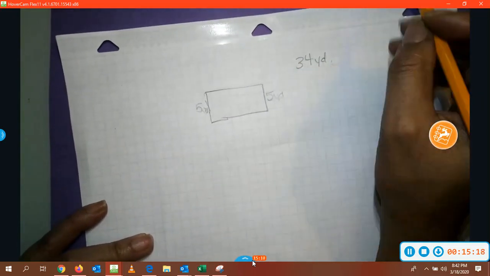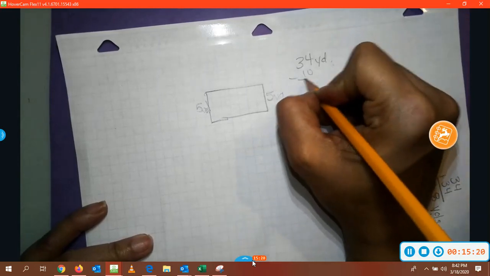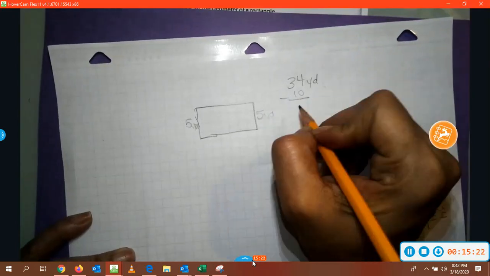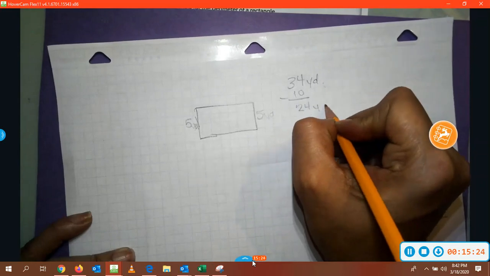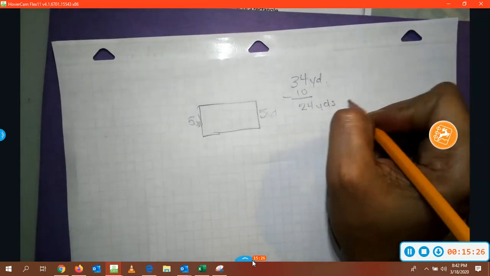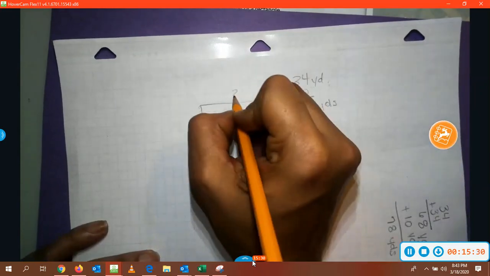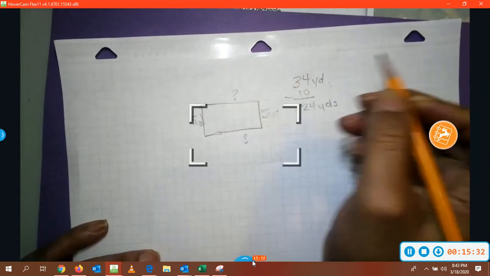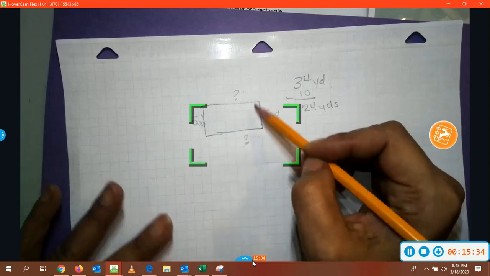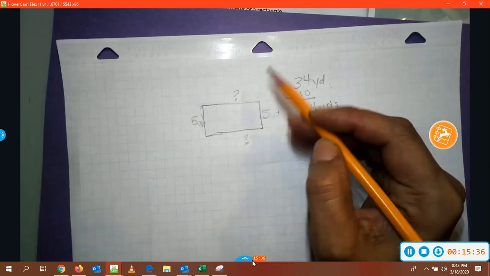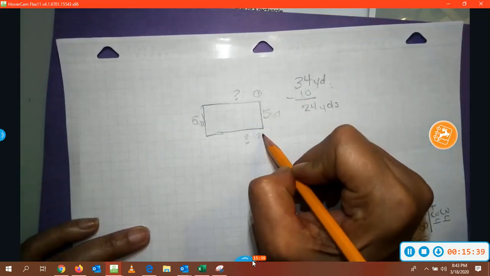So what we need to do is subtract the 10 out of 34, which will give us 24 yards. Then we need to figure out the length. Since they're equal, we have to divide it by how many? Divided by 2.